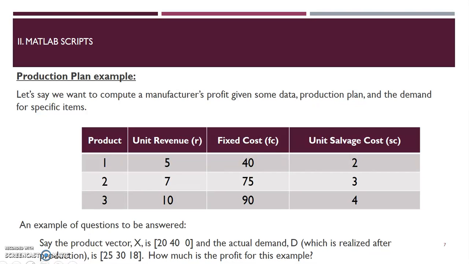So, for example, if I produce 7 products 2, and then I can only sell 5 of them, I have 2 remaining product 2, which means I have to pay 2 times 3, or $6 as a salvage cost for this product.